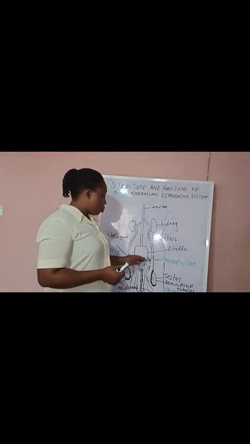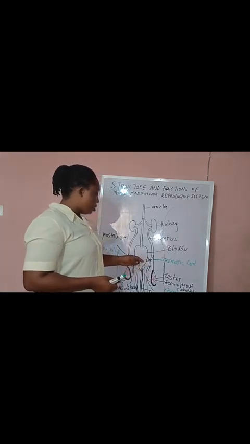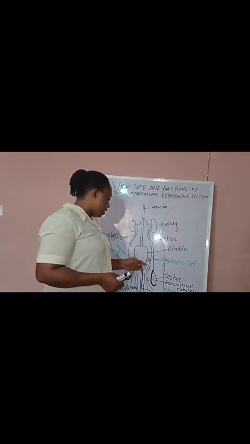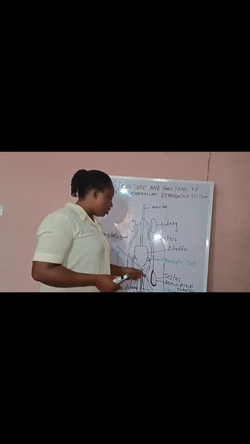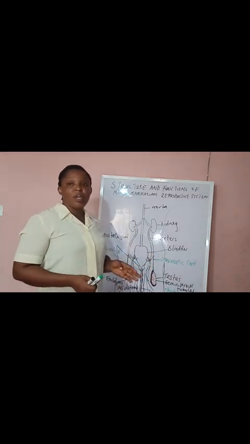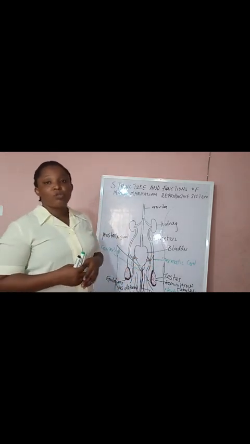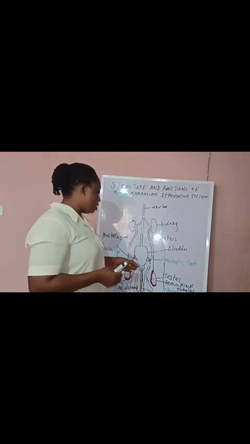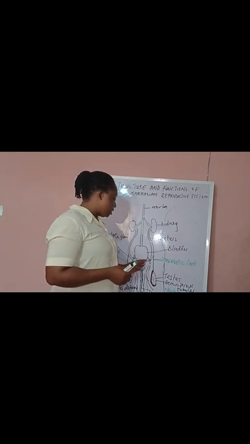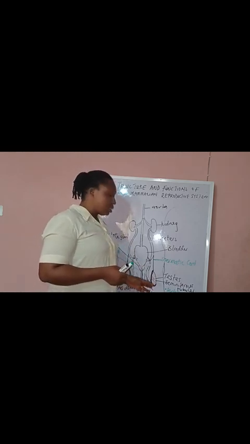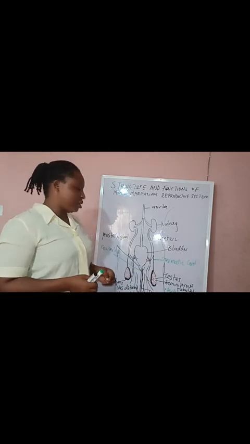When the sperm travel from this gland, they will travel through the urethra. The urethra is a long tube that passes through the penis. It is through this urethra that the sperm will travel so that they will be discharged during ejaculation.